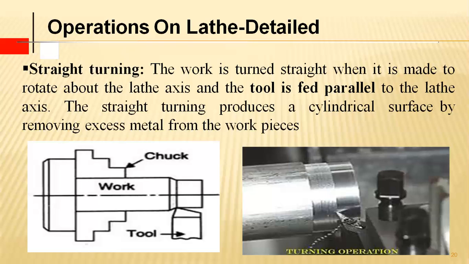Coming to the straight turning process, the tool is maintained exactly at 90 degrees with respect to the work part, which has been fixed in the chuck. As far as our theoretical representation is considered, this chuck will be fixed to the stub, connected to the arbor.